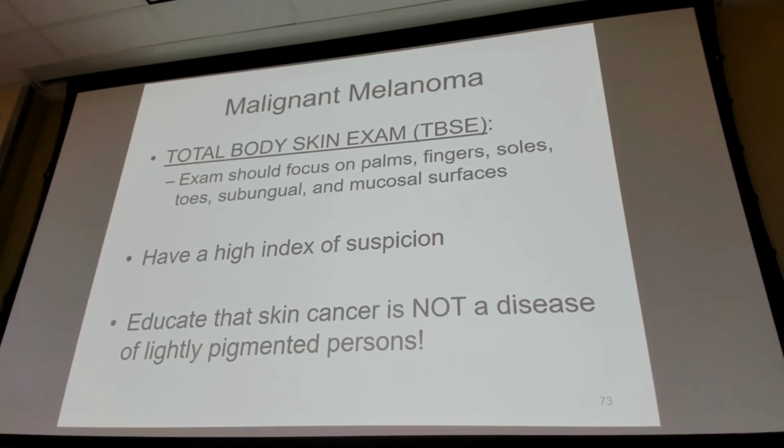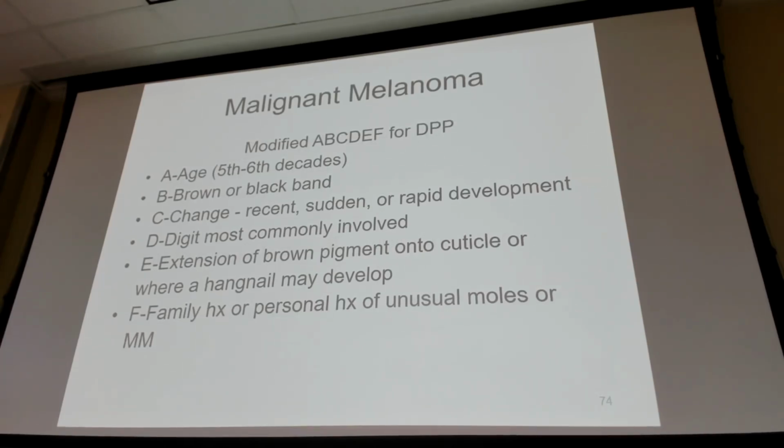Talked about that, of course. Total body skin examination. We will include the palms, the soles, those areas, because of that high index of suspicion, and we want to rule that out. Specifically, breaking it up, this is a little bit of some changes that are specifically for African Americans, Hispanics, Asians, age, okay, that can have that happen in the 5th and 6th decade.